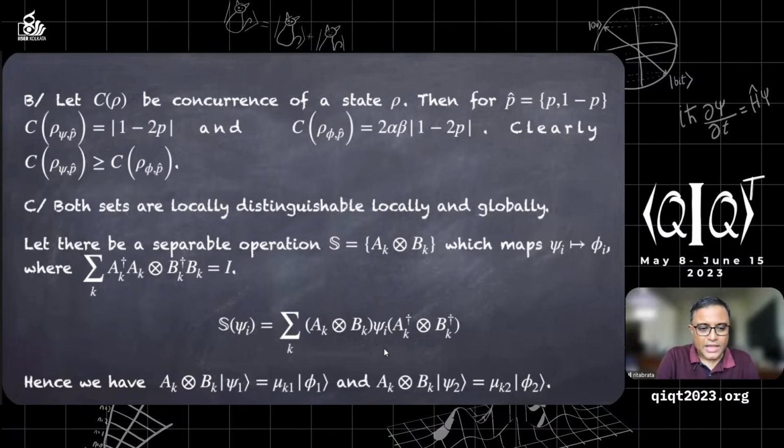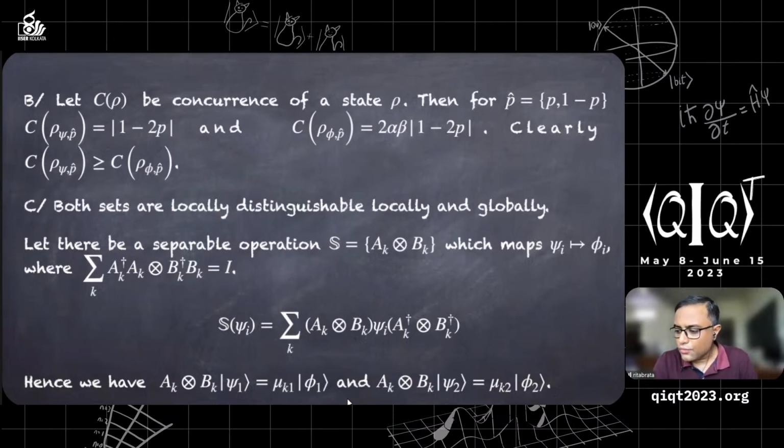Okay. Now, what I want is that psi 1 goes to phi 1 and psi 2 goes to phi 2. So practically, I would have the following: A_k tensor B_k psi 1 should be something like mu_k1 phi 1, and A_k tensor B_k psi 2 should be something like mu_k2 phi 2, where mu_k1 and mu_k2 are complex numbers.